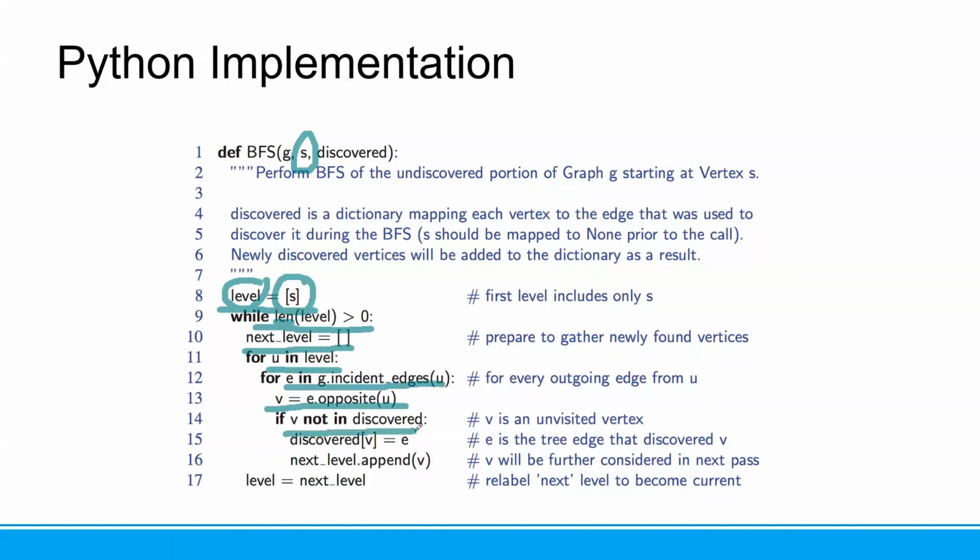If V is not discovered, then we mark this edge as discovered, and add the new V to the next level.